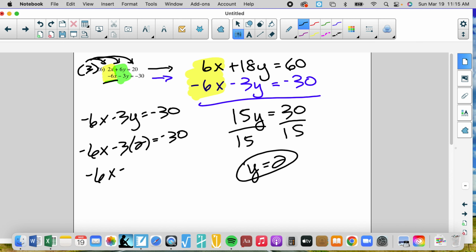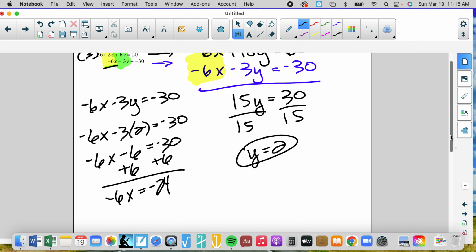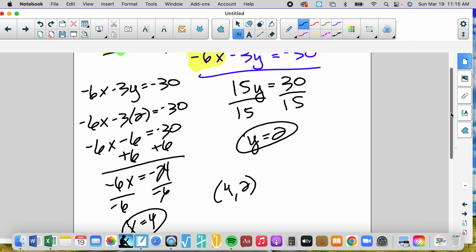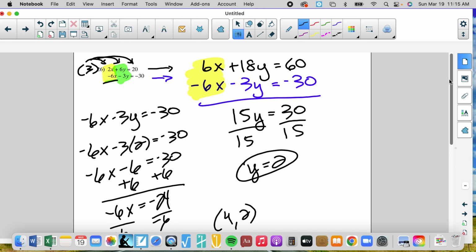Negative 6x minus 6 equals negative 30. Add 6. Negative 6x equals negative 24. Divide both sides by negative 6. We get x equals 4. My solution is 4, 2, x comma y.